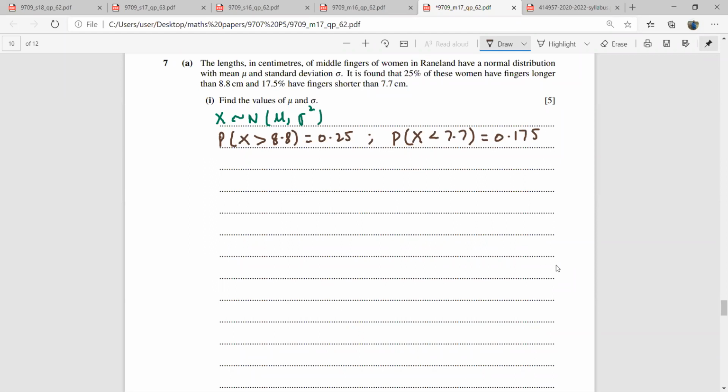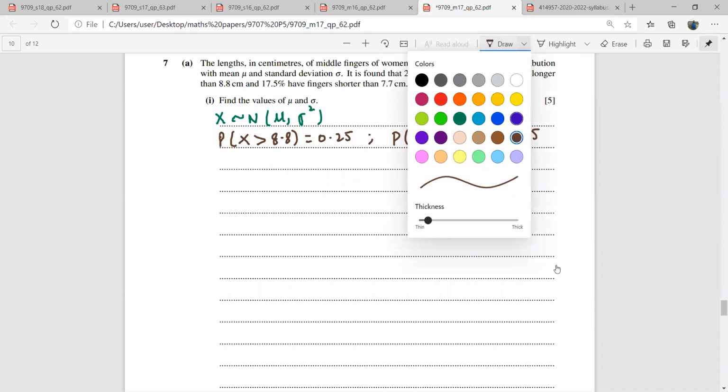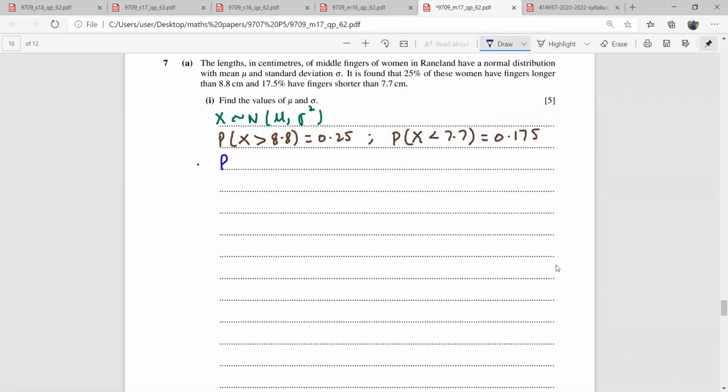So clearly there is full information given, so we can have two simultaneous equations here. We shall go on to the standardization step. This will be written as probability Z is more than (8.8 minus mu) over the standard deviation, equal to 0.25.